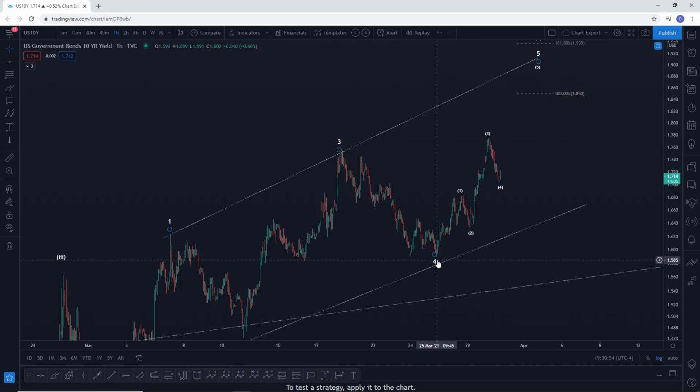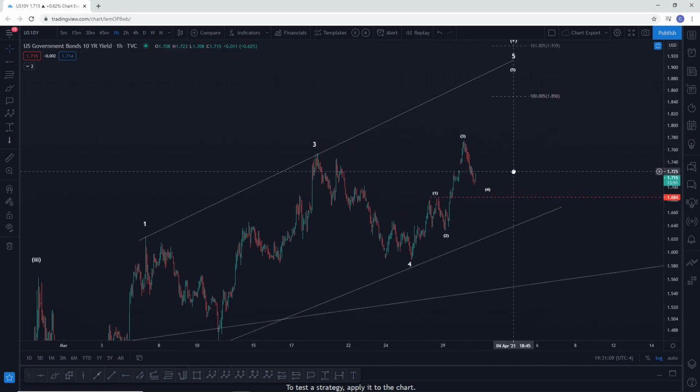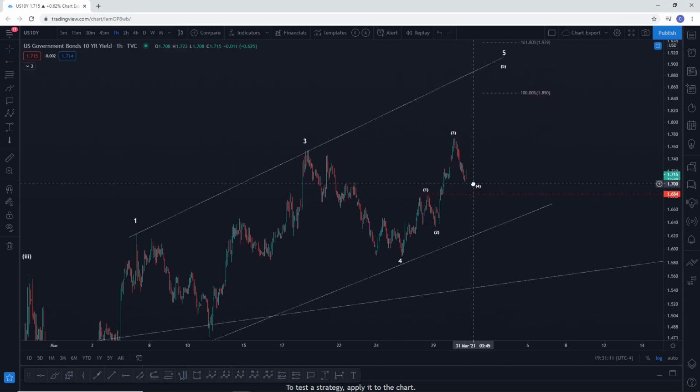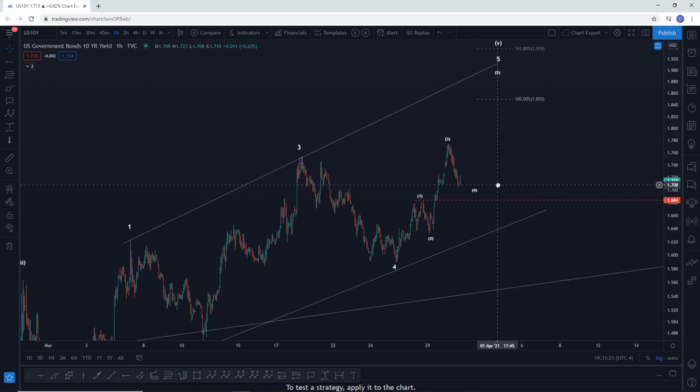Out of wave four, we went up in one, down in two. We gave an impulsive structure into wave three, and now we corrected into wave four. This wave count will be invalid if we break this zone, but so far it's still hovering above it. Given the fact that wave two was sort of directional, wave four, given the guideline of alternation, we can expect will be more of a sideways action.